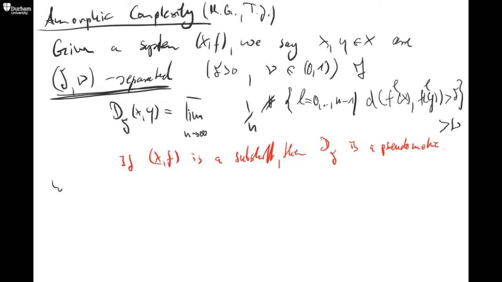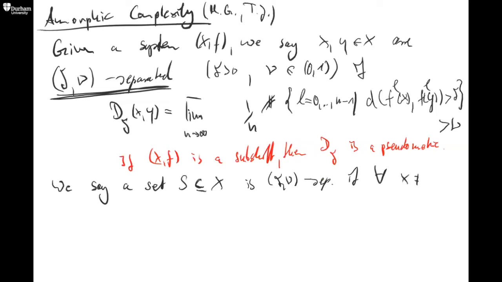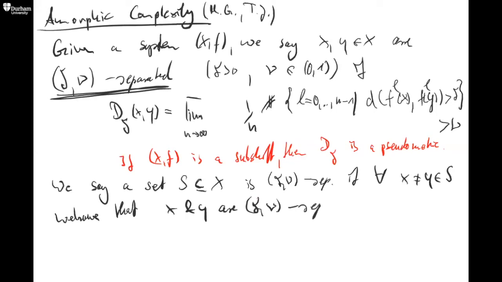So we say a set S, a subset of X, is delta-nu separated if for all distinct points x and y in S, we have that these two points x and y are delta-nu separated.